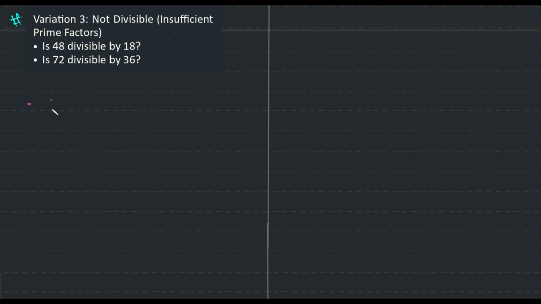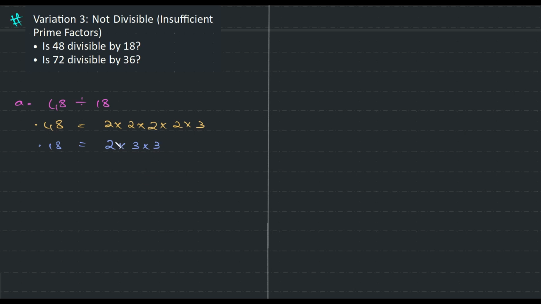Okay, so we have 48 getting divided by 18. 48 can be written as 2 into 24. 24 can be written as 2 into 12. 12 can be written as 2 into 2 into 3. Sorry, 48. Yeah. While 18 is 2 into 9, which is 3 into 3.